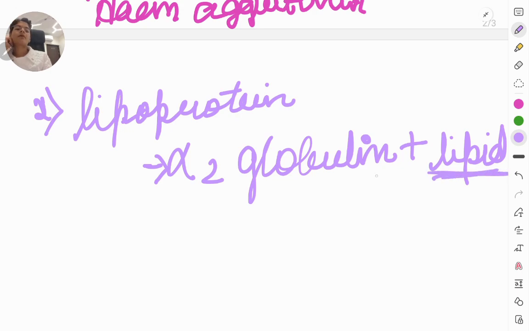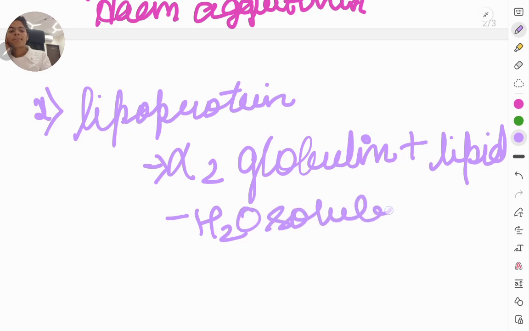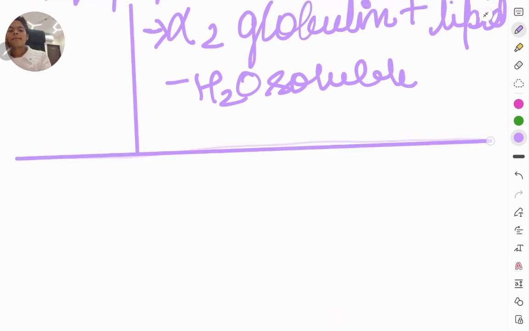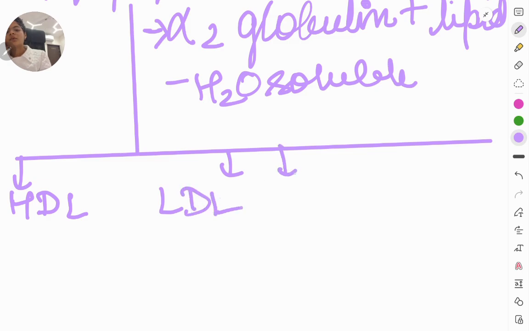So it is lipo from lipid and protein from globulin. So it is lipoprotein. Also it is water soluble, and it has many forms. These are HDL, LDL, VLDL, and chylomicron.